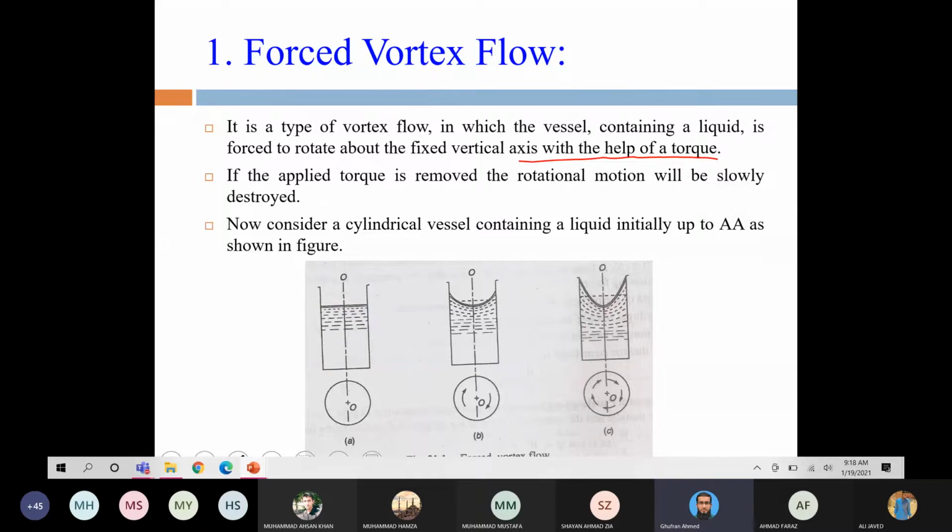Now consider a cylindrical vessel containing a liquid initially up to AA, as shown in the figure. When you start rotating it like this, you see that it starts moving towards the sides.